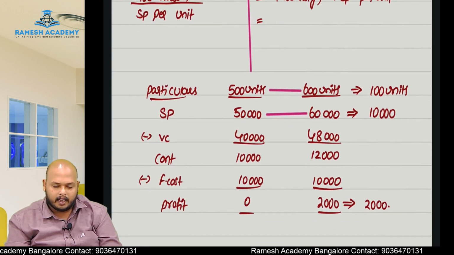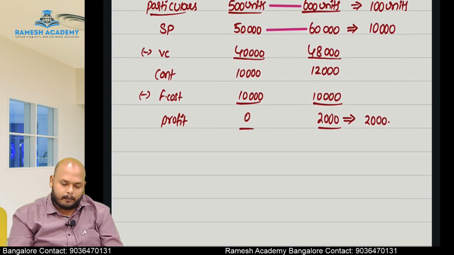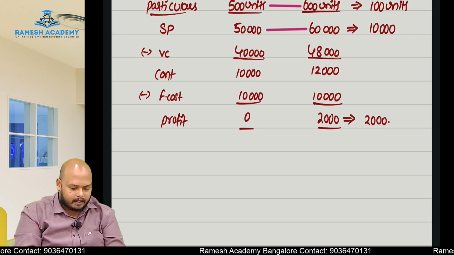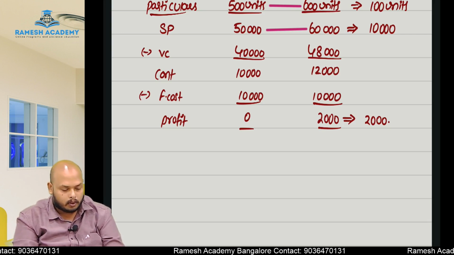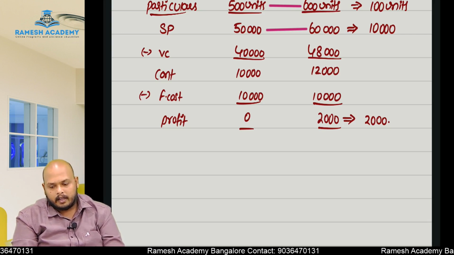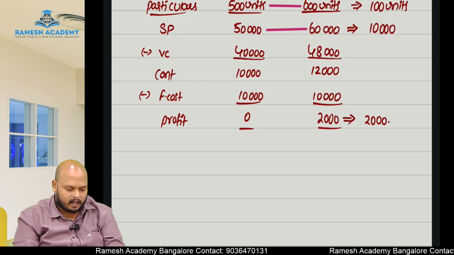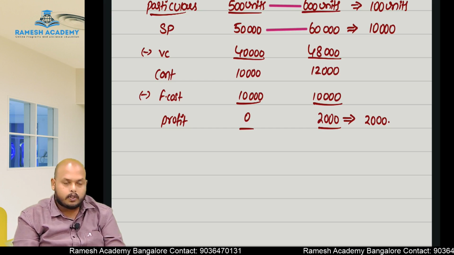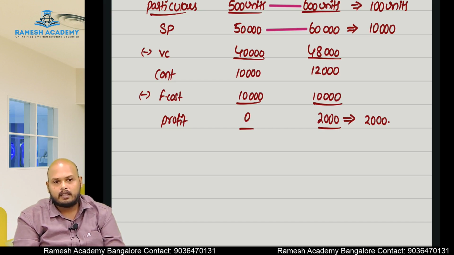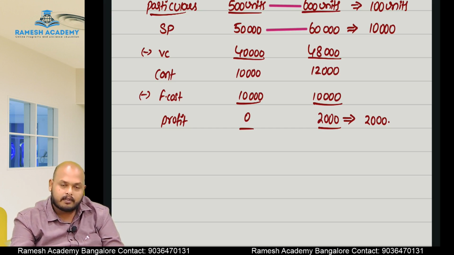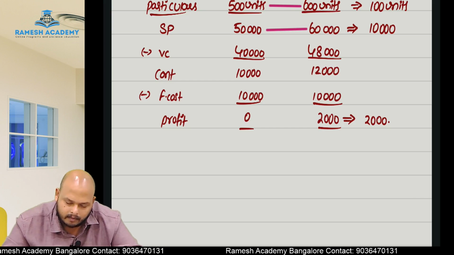Now the formula here is net profit. Take the calculators. Net profit is 2,000, divided by the PV ratio we calculated last, 20%, that is 0.20. 2,000 by 20% is 10,000. That means you are getting the margin of safety value.